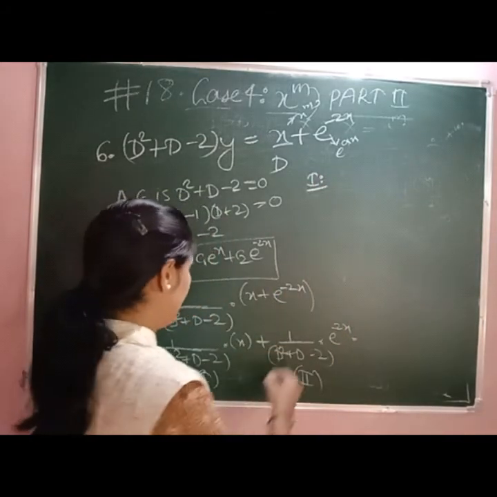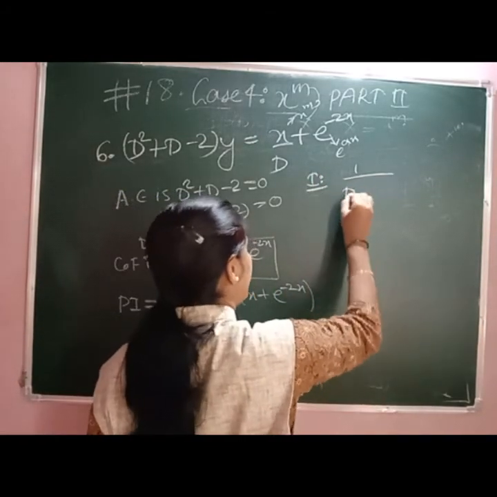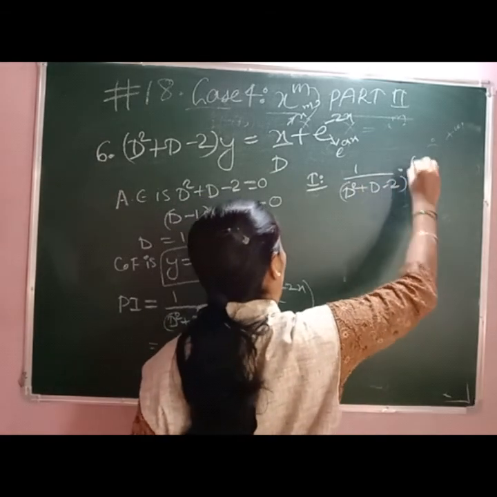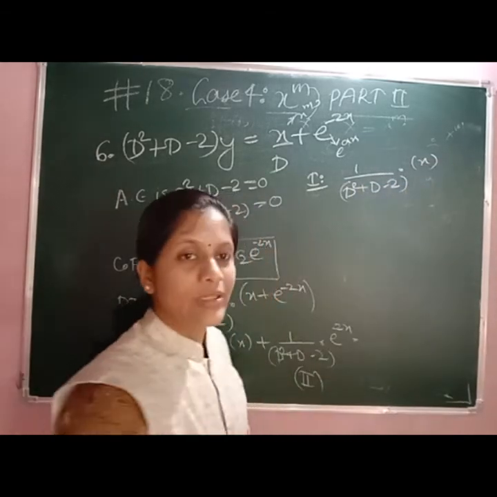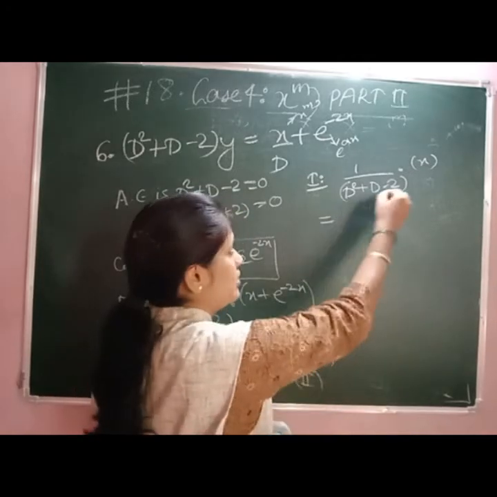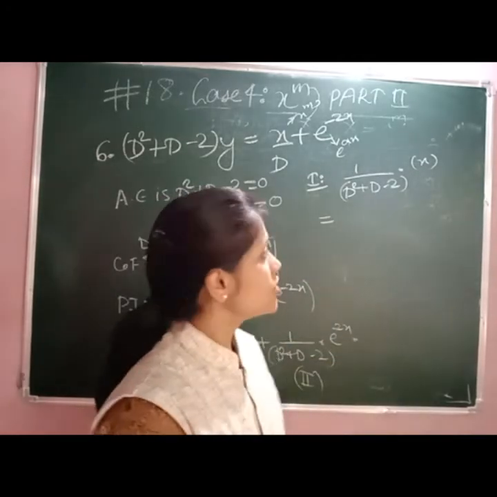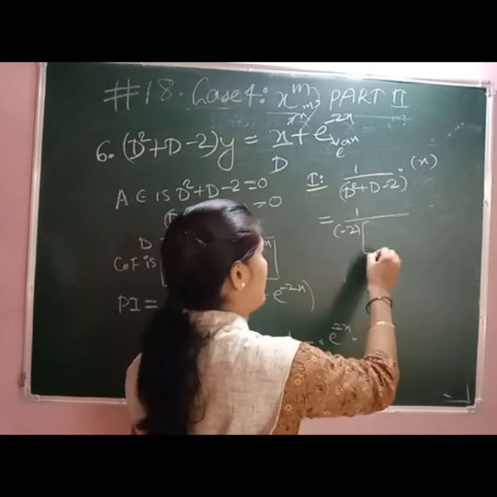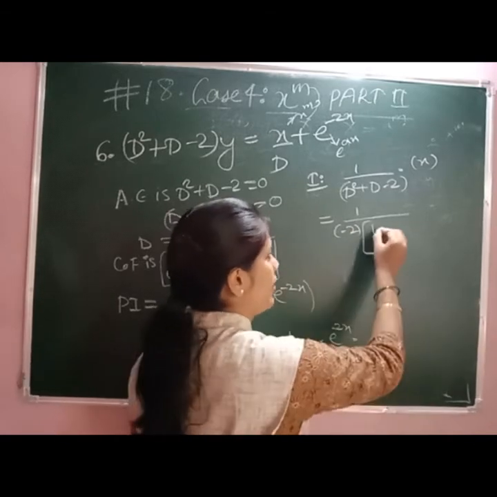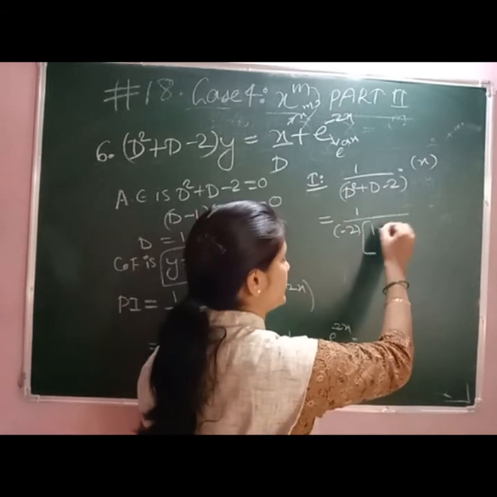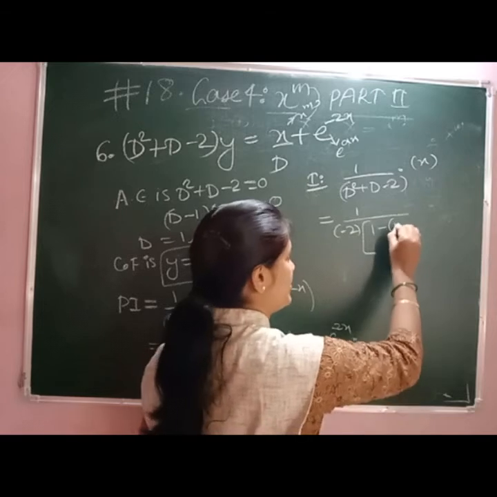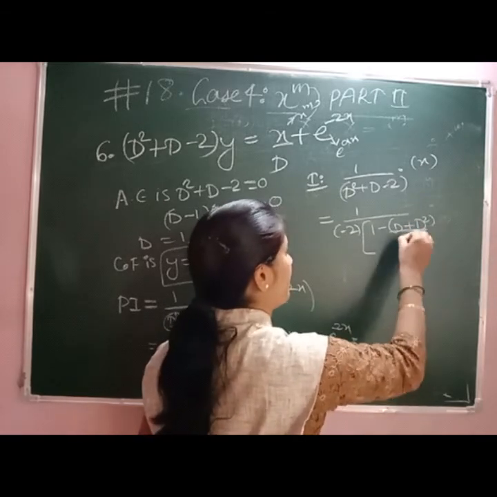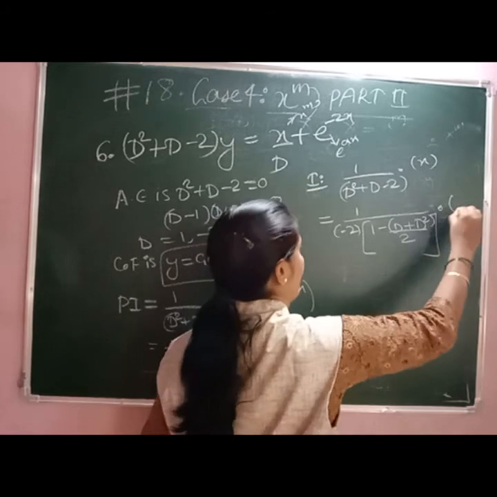1/(D² + D − 2) of x. This can be written in ascending powers of D. So −2 we can take common. What am I left with? 1 − (D + D²)/2, of x.